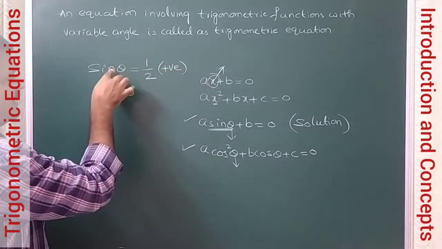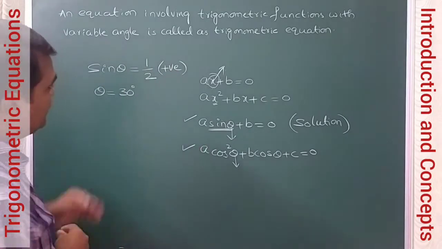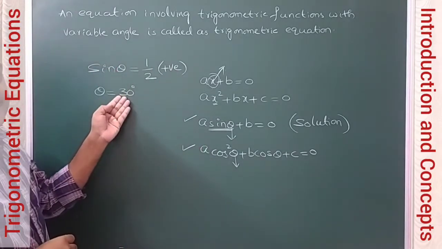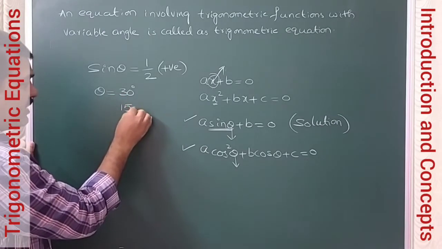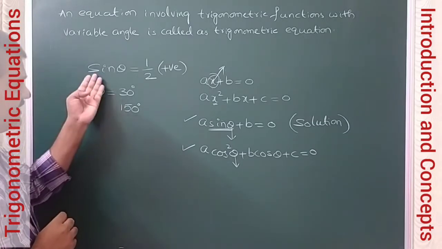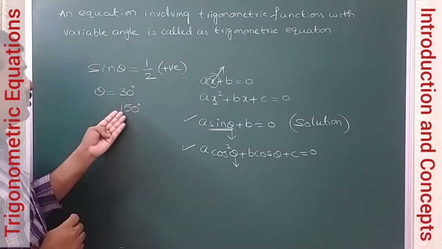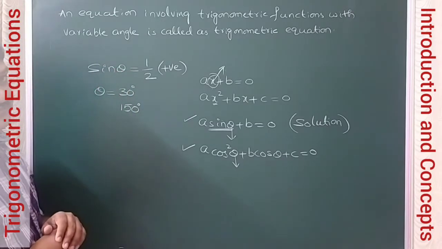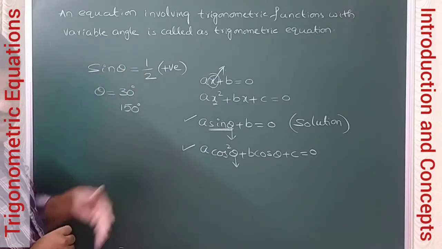We know that sin theta is positive in the first or second quadrant. Therefore in the first quadrant we have one angle, 30 degrees, and in the second quadrant 180 minus 30, that means 150. In each quadrant we have one solution. The values of theta satisfying the equation are the solutions.